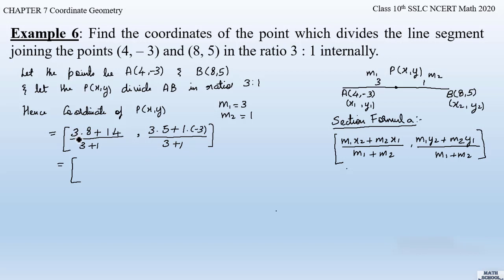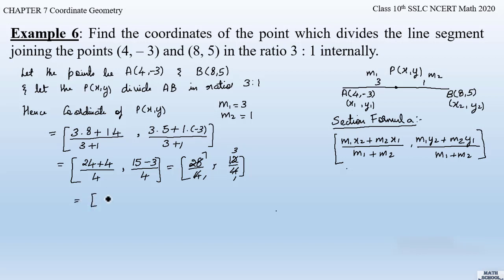Simplifying further, 8 into 3 is 24 plus 1 into 4 is 4, divided by 3 plus 1 which is 4. Again 5 into 3 is 15, then -3 into 1 will be -3, divided by 3 plus 1 which is 4. So what is 24 plus 4? It is 28 divided by 4, and 15 minus 3 is 12 divided by 4. Here we can cancel: 4 times 7 is 28, and 4 times 3 is 12.